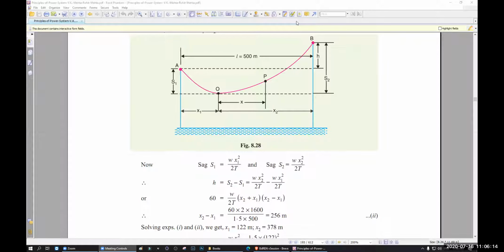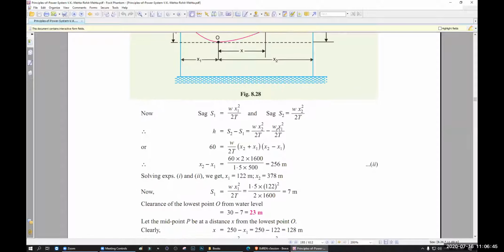He gave it in the chat: 256 from where? Oh, 256 is from solving this equation. Here, which one is unknown? W is known, T is known, x2 plus x1 is known. The only unknown is x2 minus x1. You keep it there and put everything on the other side, you will find 256. Got my point?